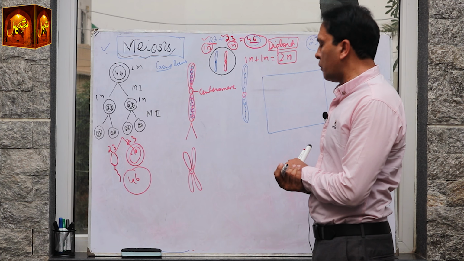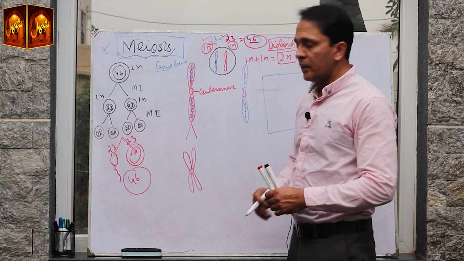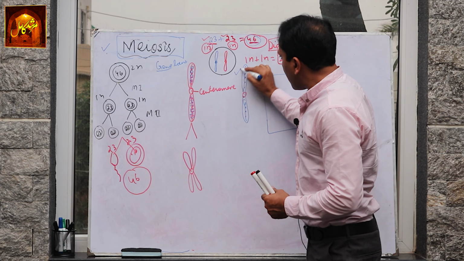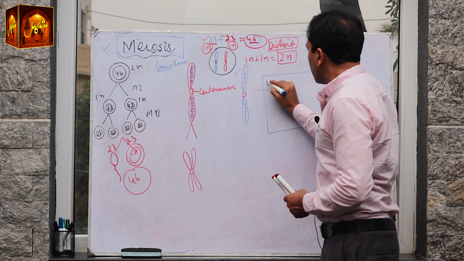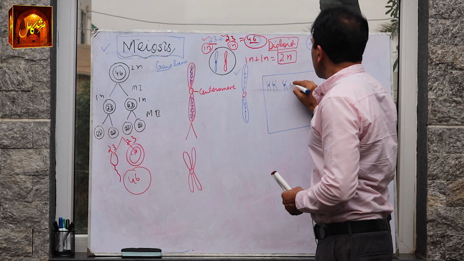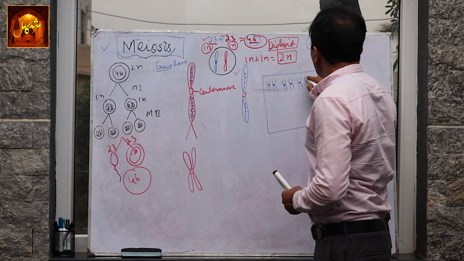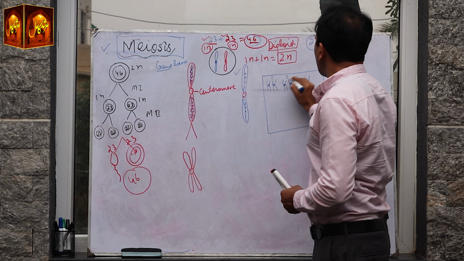Why are they called homologous? The reason is they find each other. Like this is set 1, it's set 2, then set 3.